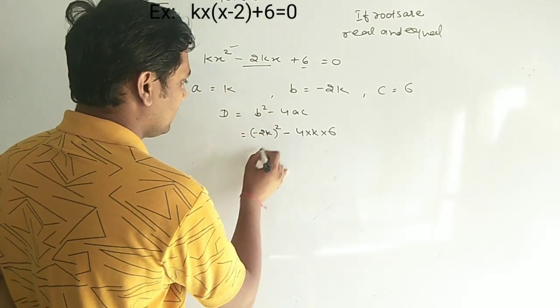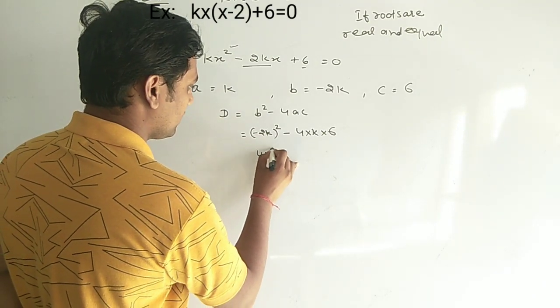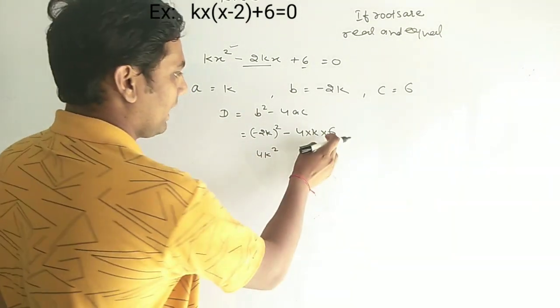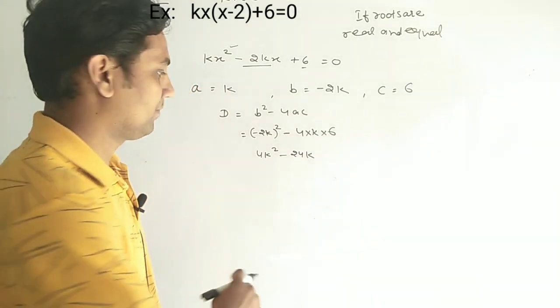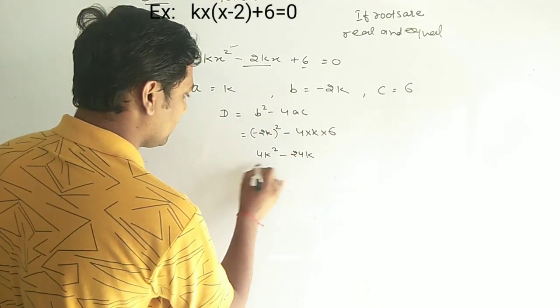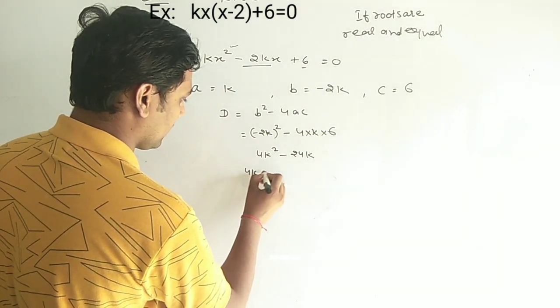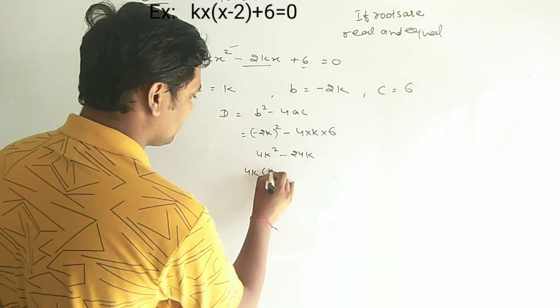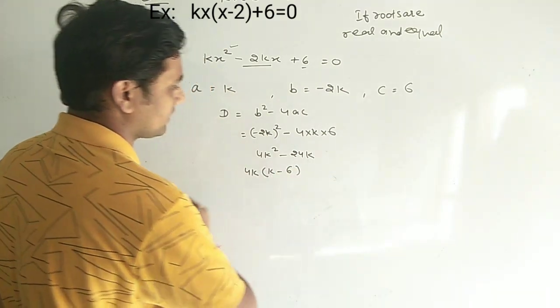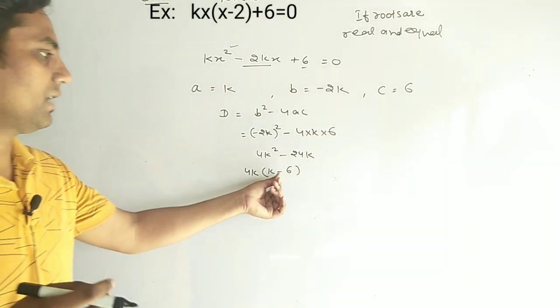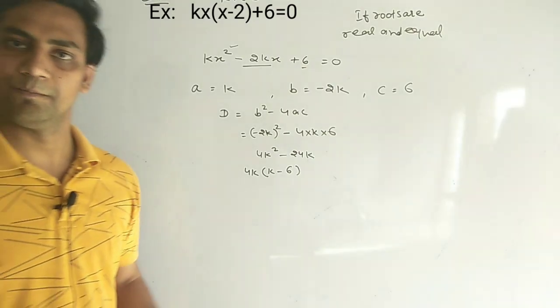(Minus 2k) square, so we get 4k square. And 6 fours are 24k. Now, what is common? 4k. And we get k minus 6, since 4 sixes are 24. So 4k and k minus 6.